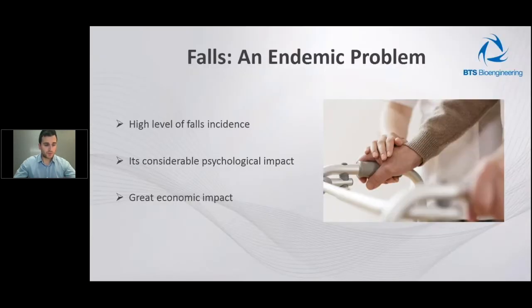We all know that falls are a huge problem for elderly people and people affected by neurological disease for three main reasons. First, because falls have a great incidence among older subjects. 70% of the injuries caused by accident are related to falls, and over 90% of fractures are due to falls in older subjects.